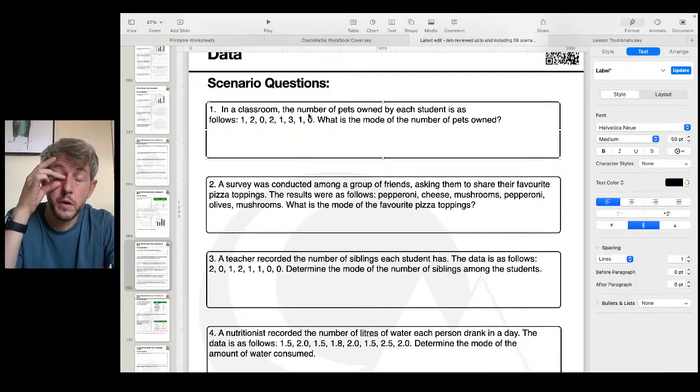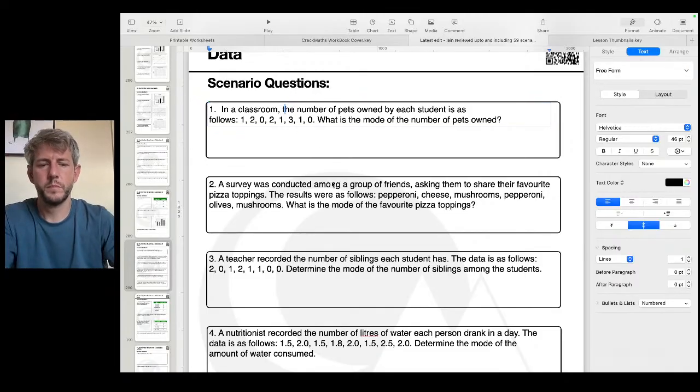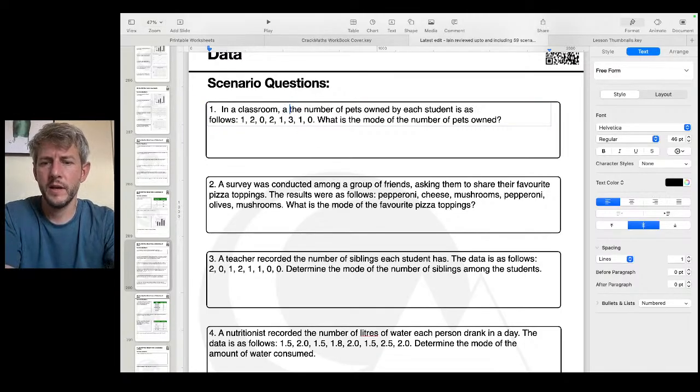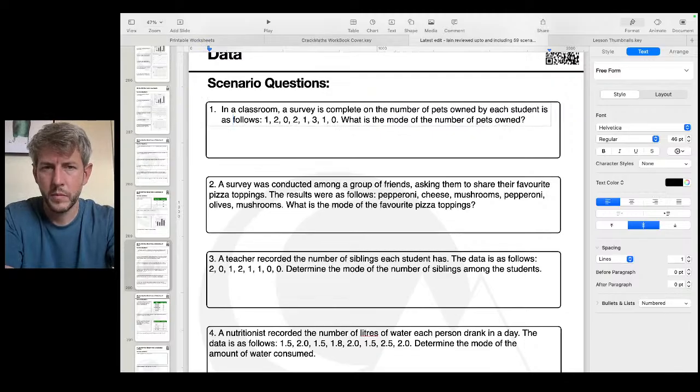In a classroom, a survey is done by each student.